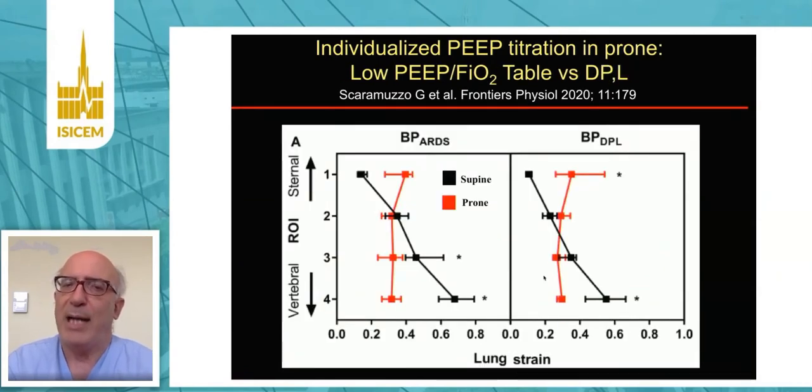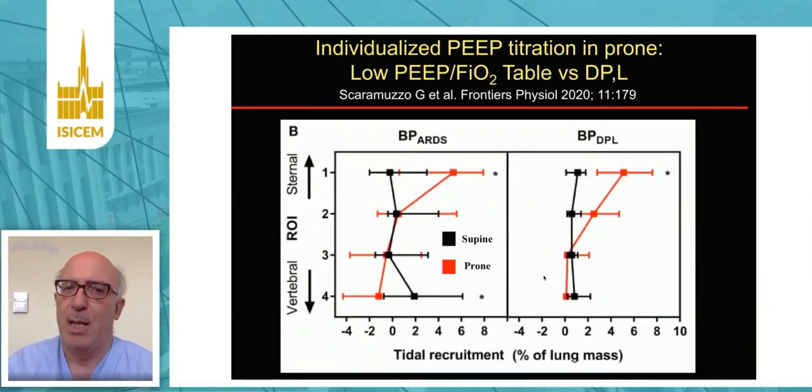When we look at the lung strain, as you can see here, there was an increase in the lung strain, especially in supine position in the vertebral areas as compared to the sternal areas, and much more homogeneous and less in prone position. And the same was observed when PEEP was set according to the driving transpulmonary pressure. Similar data when we look at the tidal recruitment, which was of course affected by supine or prone position, but there were no major differences when PEEP was set according to the PO2 table or the driving transpulmonary pressure.